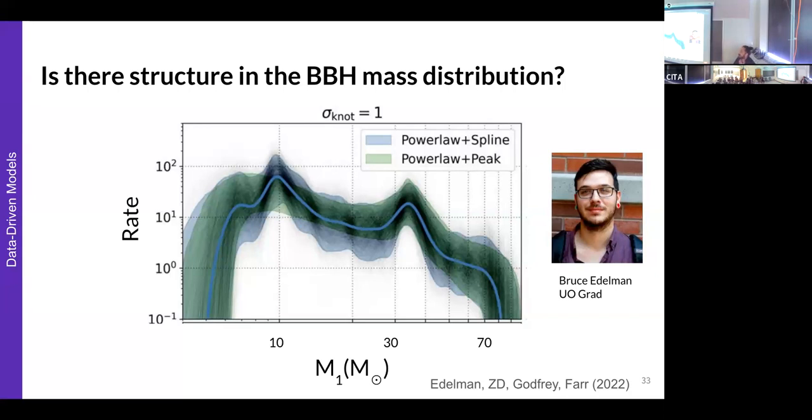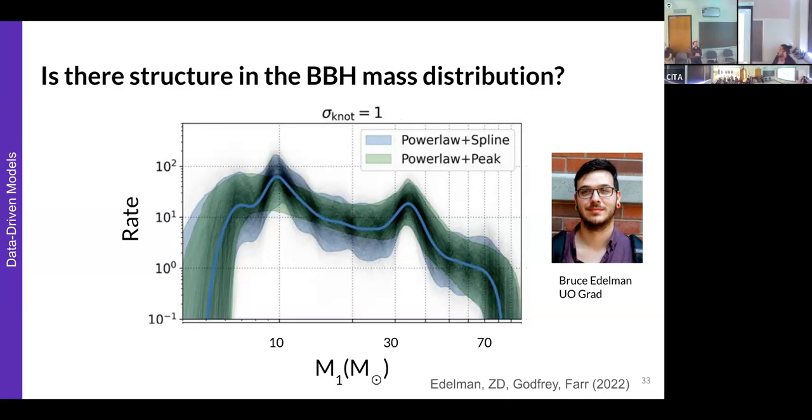Just a really quick question: what's sigma naught in this model? Okay, good. Those knots, their locations have to have some sort of prior. This is all Bayesian inference, so you need to have some sort of prior on them, and this is just saying what that prior was. But we changed that number a couple times just to see if it was changing the inference.